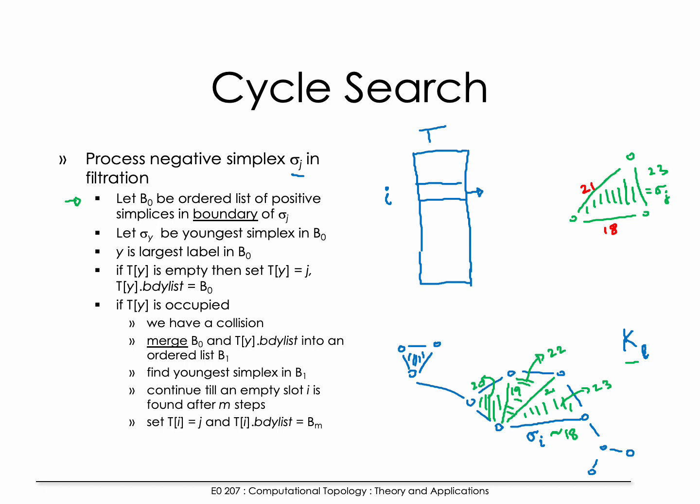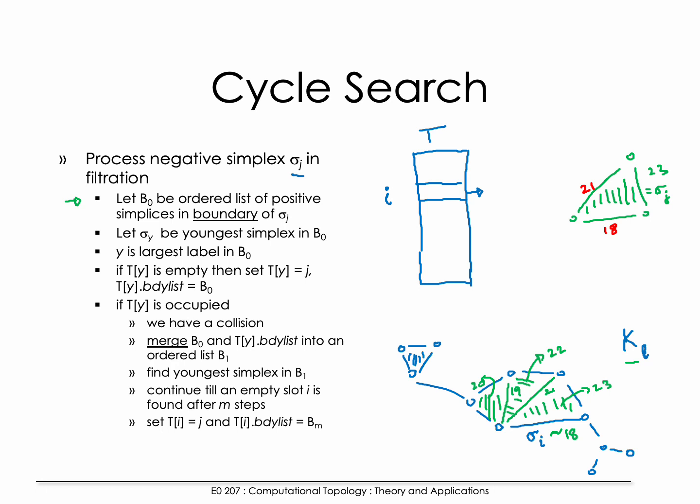The third edge here on the right was present even before 18, and it did not create any cycle. Let's assume it did not create any cycle, so it is a negative edge, which means that it only destroyed a component, right?